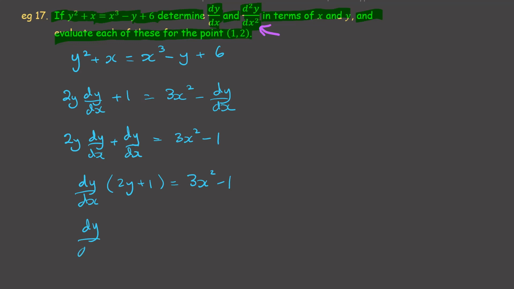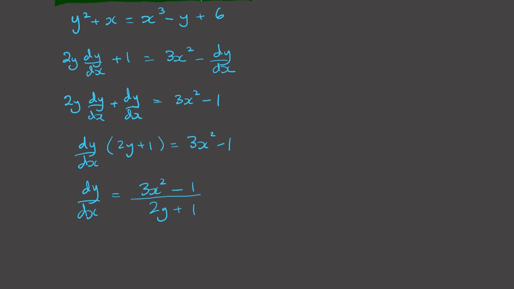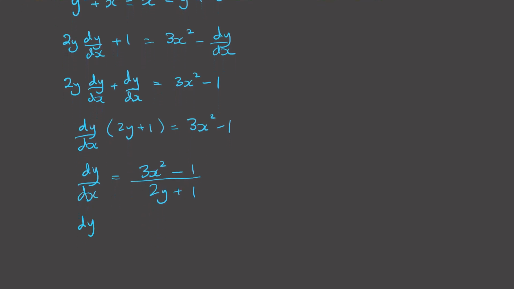So dy/dx is equal to (3x squared take away 1) divided by (2y plus 1). So if we want dy/dx at (1, 2), x is 1, y is 2, we're going to get (3 take away 1) over (4 plus 1), which is 2/5.